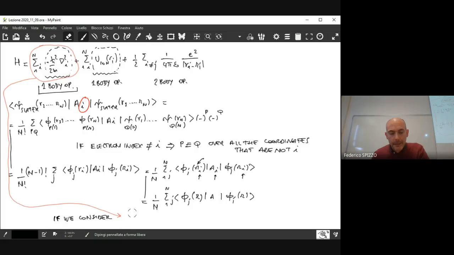So the initial idea was to evaluate this later. I write this in a more compact way.